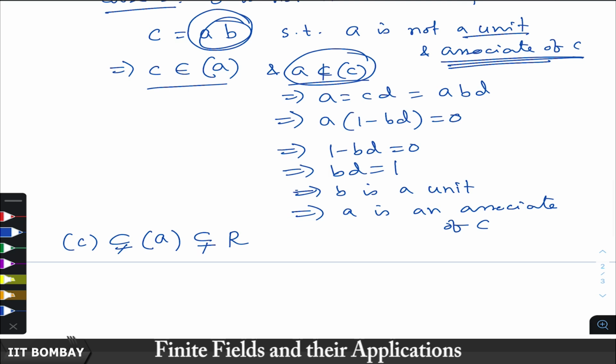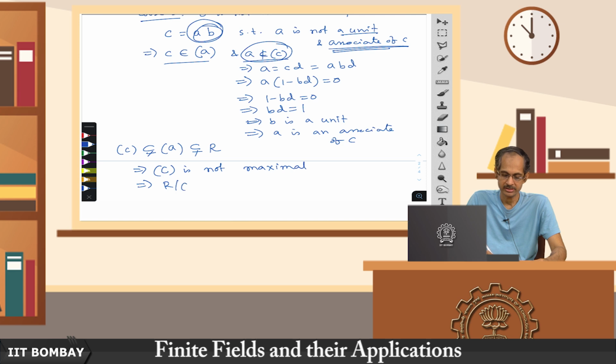And what it means is that C is not maximal. There is an ideal in between C and R, and that means R by C is not a field.